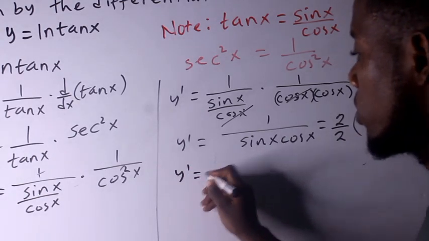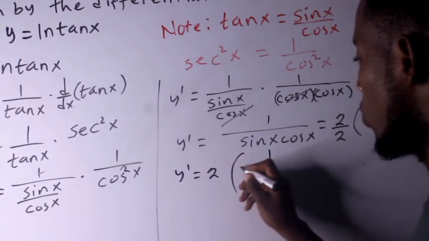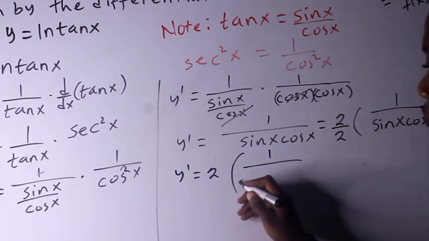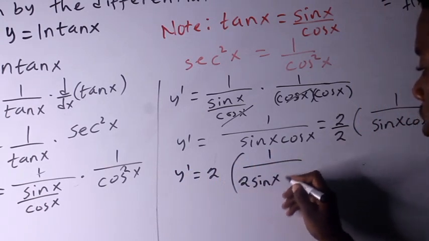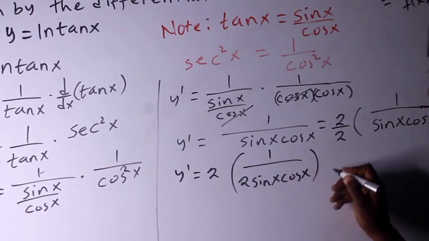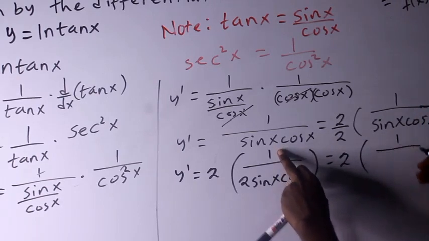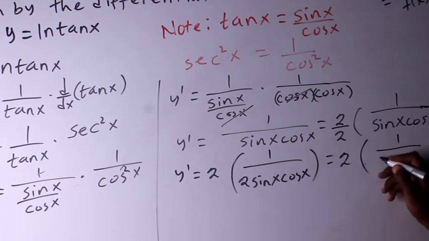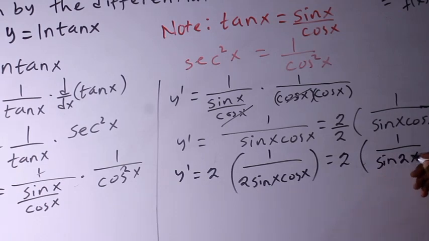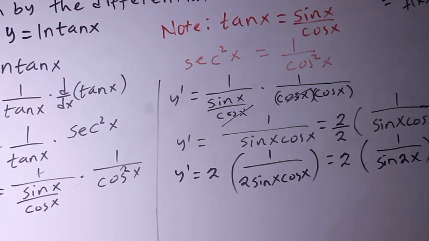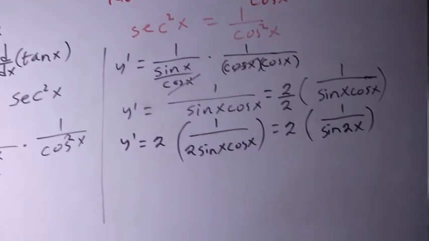So we have y prime is equal to 2 times 1 over 2 sine x cos x, and 2 sine x cos x is sine 2x. That's what we have.